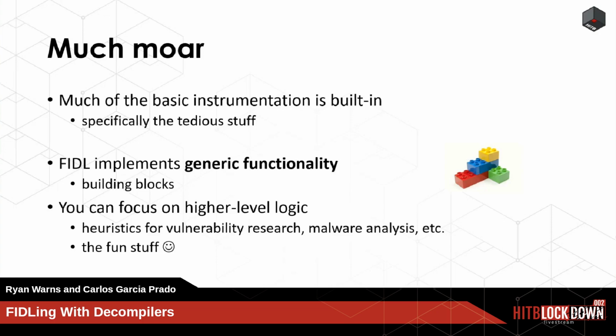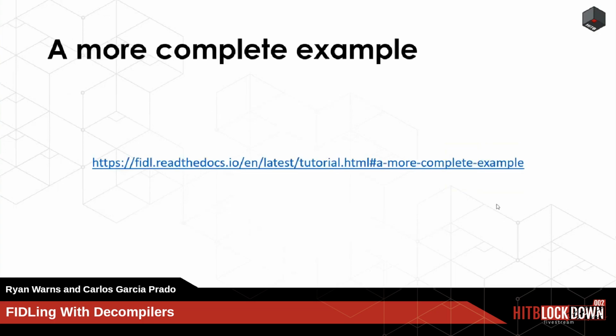Now, rather than worrying about that, or about edge cases of what different ASTs for different functions can look like, you can just focus on the stuff that you care about, whatever higher level heuristics you're trying to develop, and more or less the fun stuff, right? So that's sort of the design philosophy behind Fiddle and the problems we're trying to solve.